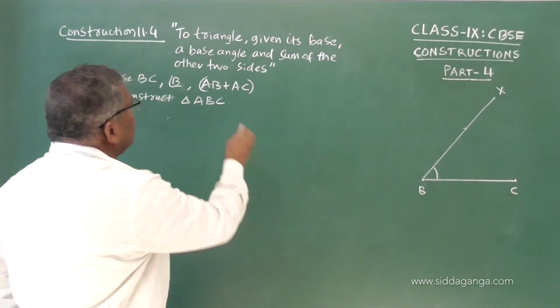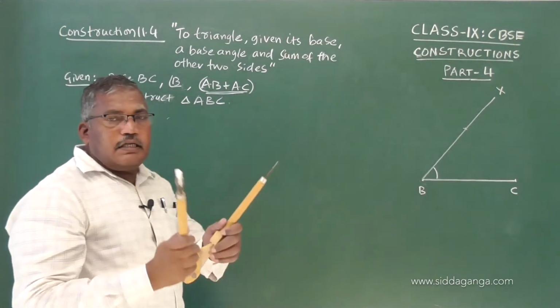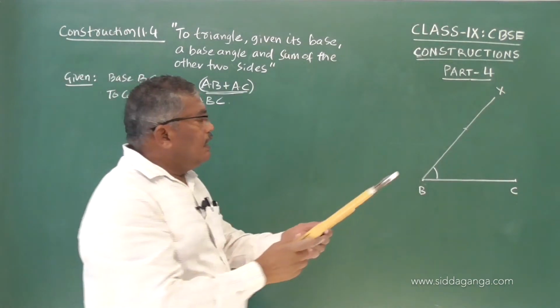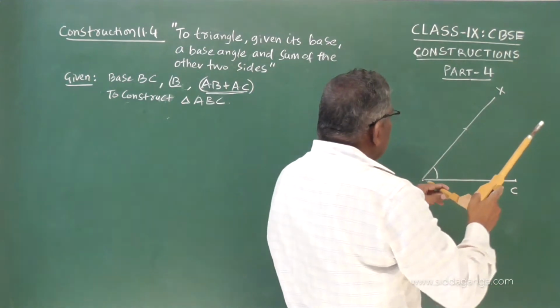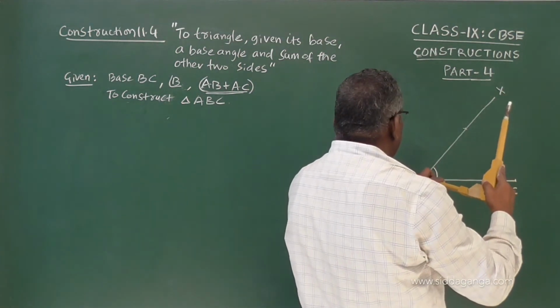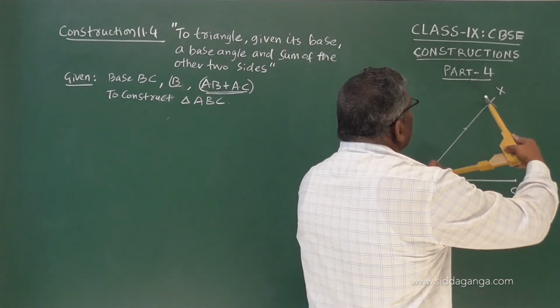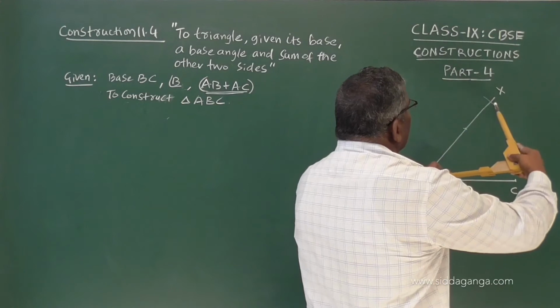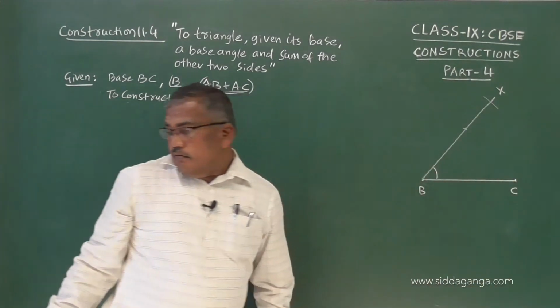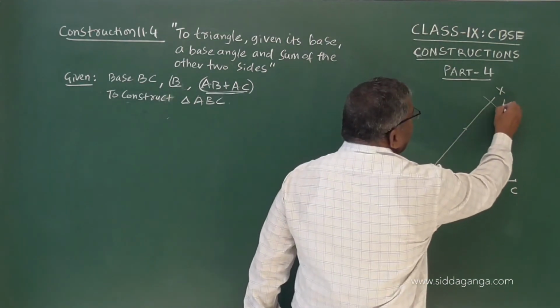So, it is given, this length is given, you take this total length as radius, with that radius you cut an arc, like this. So, I will mark this point as D, let us say.